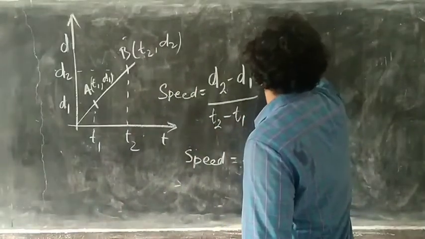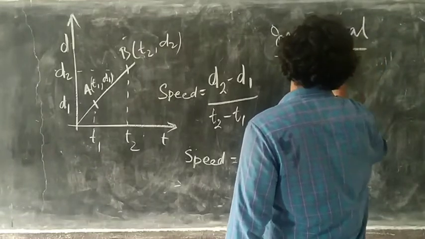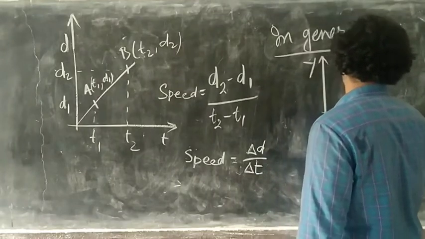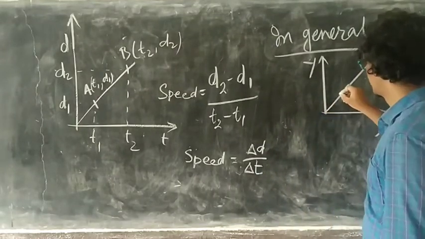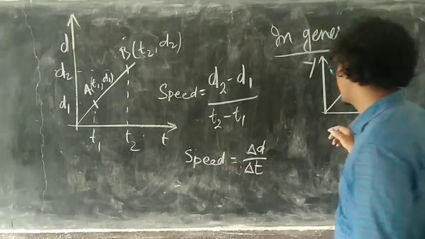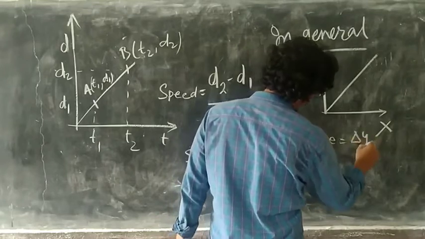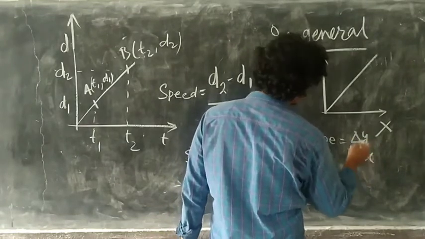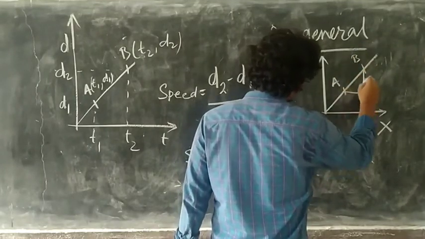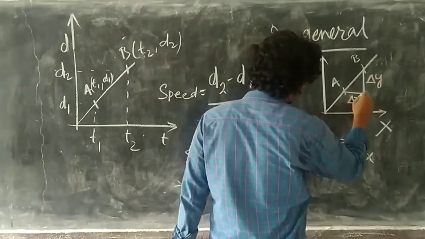So in general, if this is the x-axis, this is the y-axis, and this is the graph, and you want to find the slope, then slope will be delta y by delta x. That means if you take any 2 points A and B, this is our delta y and this is our delta x.